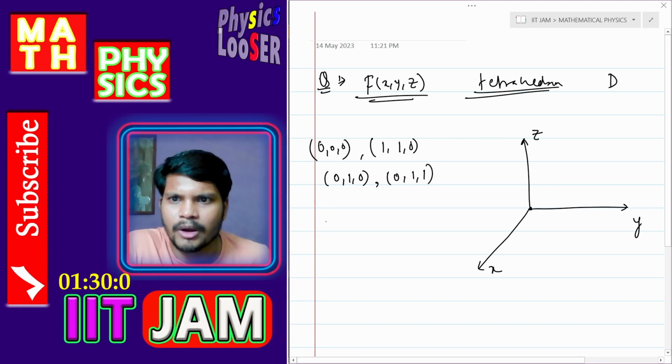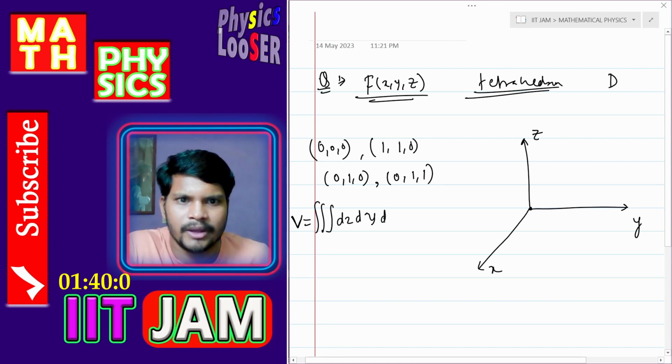Use the order of integration, which means you have to define the volume integral of this function over this region, denoted by dx, dy, and dz, dy, and dx.